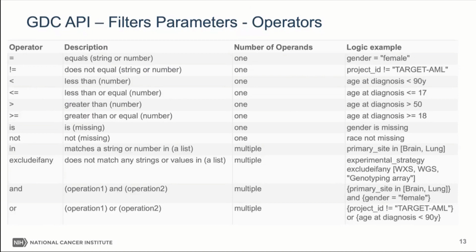So if perhaps there was a list of 100 criteria, but you wanted it to not show you one of them, this would be the way to do it. Or this would be less computationally intense, so this one would work better. And then for ands and ors, I showed you an example of the ands before. It's just if you want to combine operations, this is how you do them.